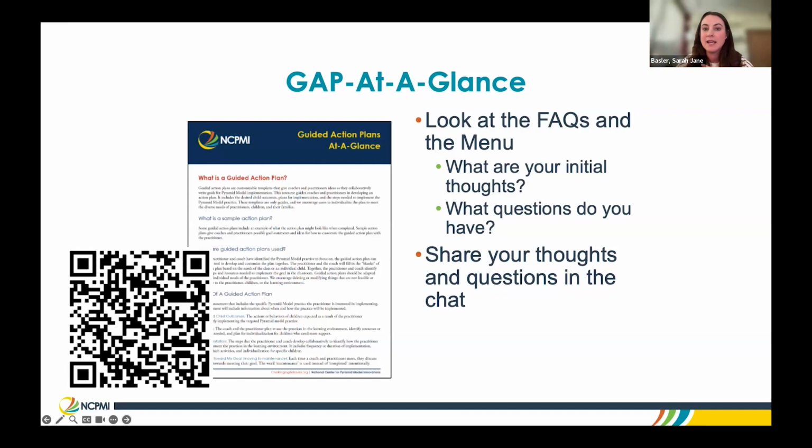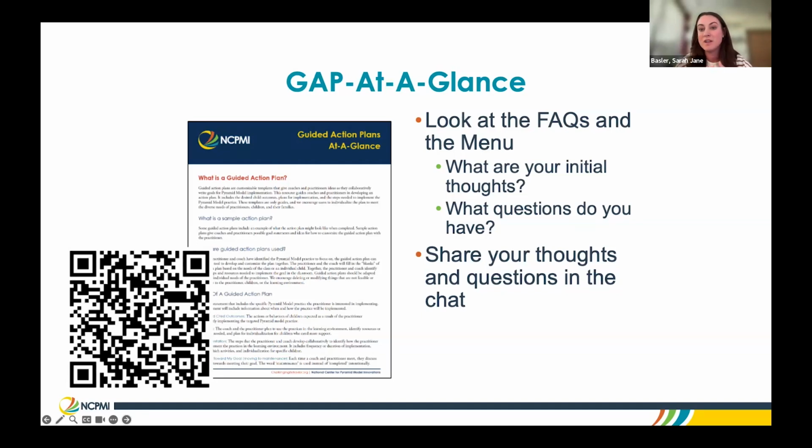So for instance, say you're coaching on CLASS, that's a common thing that people coach on. This tool does align. These practices are just developmentally appropriate practices, and they do align. But I think it would depend on what the focus of coaching was.